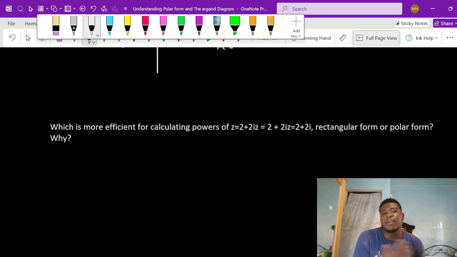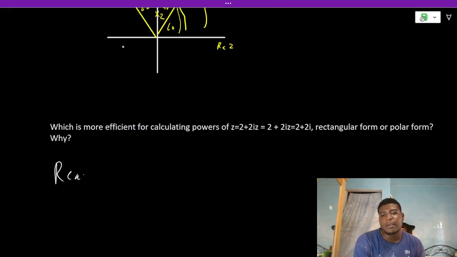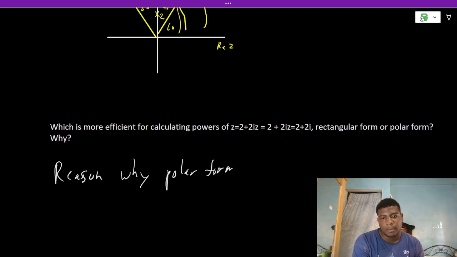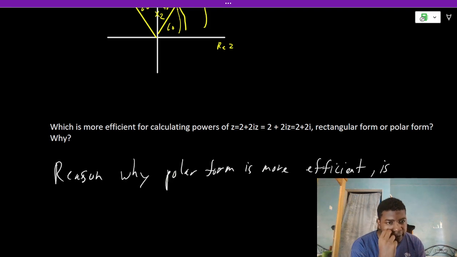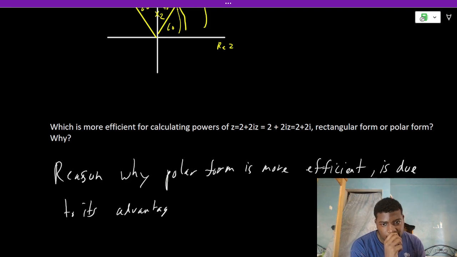The reason polar form is much more efficient is due to its advantageous properties.